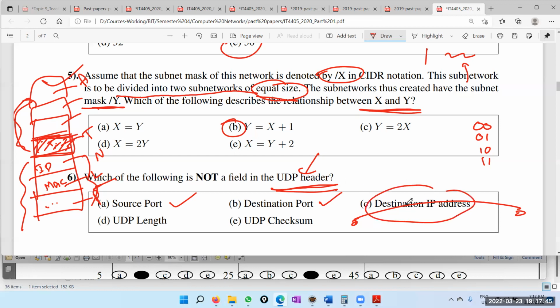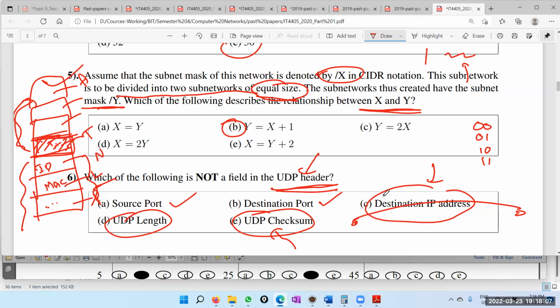The UDP length and UDP checksum are also there. Remember, even UDP does a certain level of error handling.